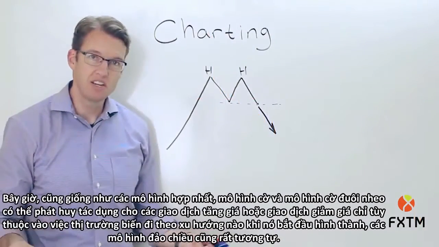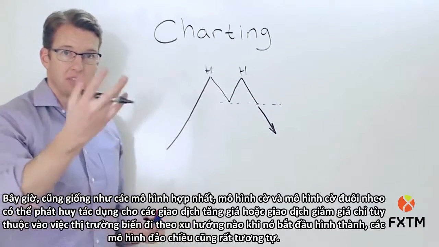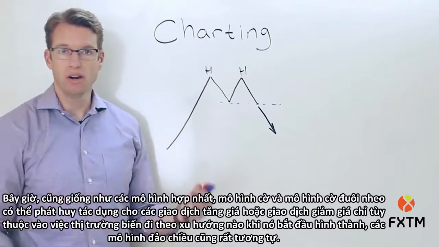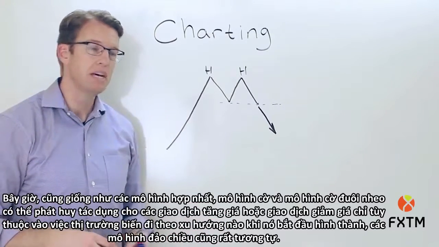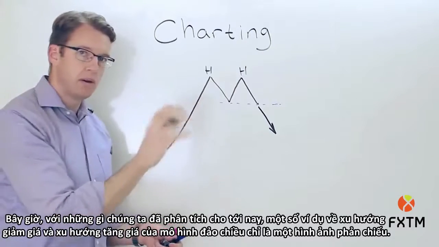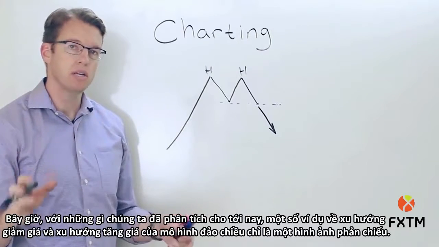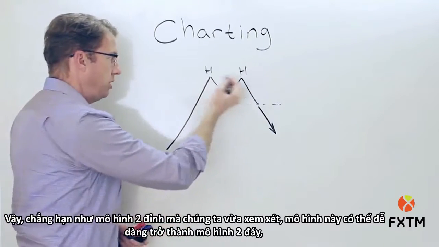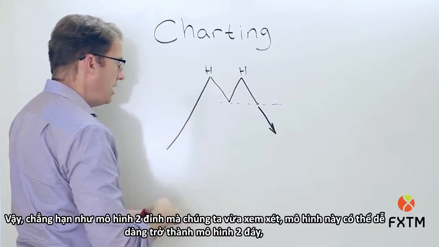Now, just like consolidation patterns like flags or pennants can work for either an upside trade, so a bullish trade, or a bearish trade, just depending on which direction the market was going when it initially formed, reversal patterns are very similar. So far we've done some bearish examples, and bullish examples of reversal patterns are just the mirror image. So, for example, the double top that we just looked at, this could easily be a double bottom.